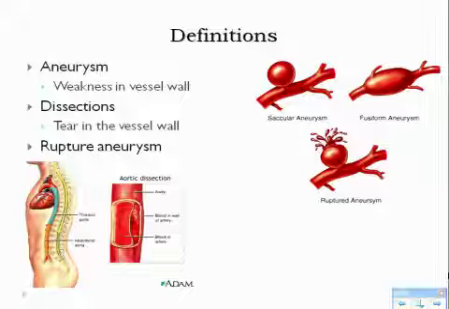So to make sure that the difference is in your main thinking: aneurysm means that the intimal layer is still intact, but once a dissection occurs, you always have to have dissection to the intimal layer first. So the endothelial layer is disrupted, and then blood goes in between the layers. And if it goes all the way through all three layers, the intima, the media, and the externa, then that's considered a rupture.